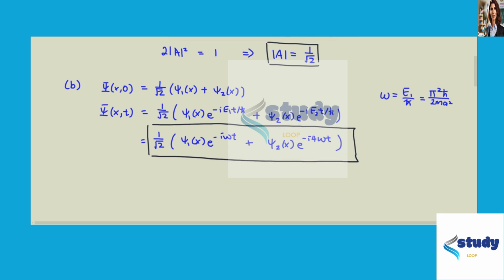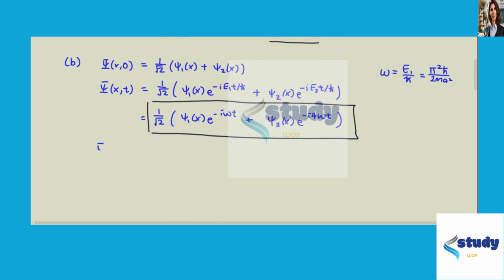Then if you want to find the probability density, which is the mod squared, just remember that psi 1(x) is root 2 over a sine(pi x over a), and psi 2(x) is root 2 over a sine(2 pi x over a).